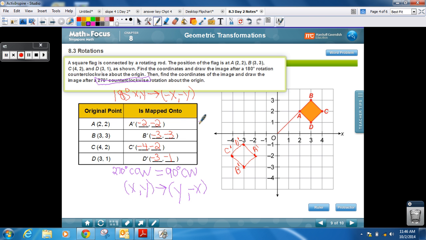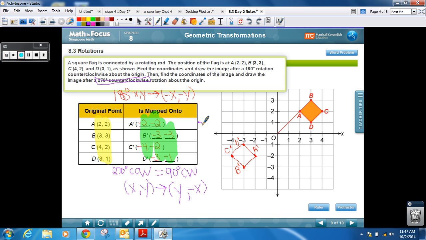So y, and you have to make sure you're looking at the original because we're rotating the original still. Oh, actually we're not. It says, if I read carefully, find the coordinates of the image and draw the image after 270 degrees clockwise. So I'm starting with the image. I apologize for that. You have to read the directions very carefully, which I obviously need to work on as well.